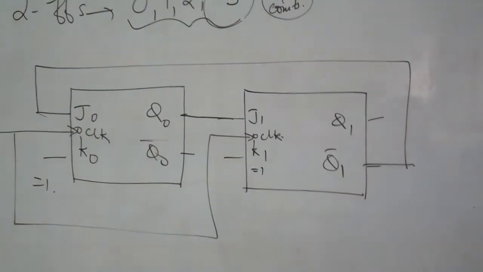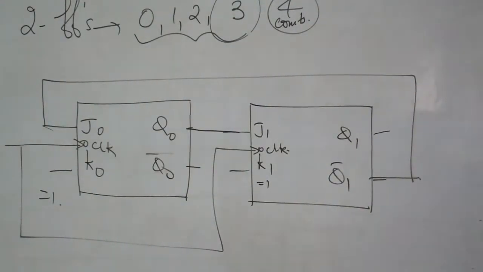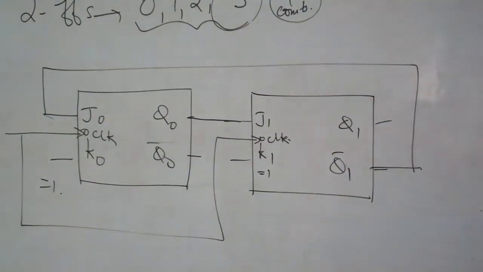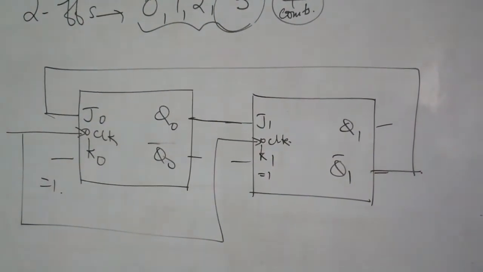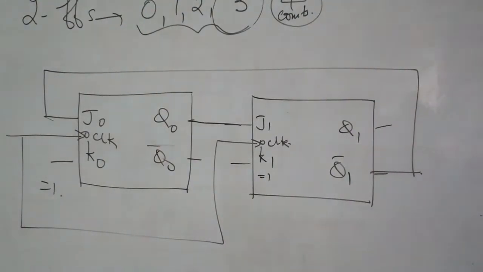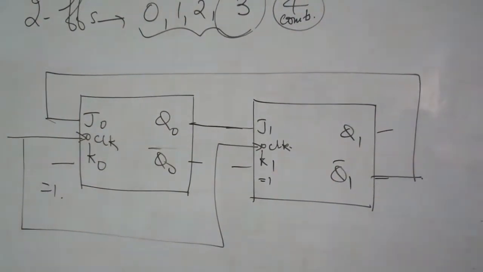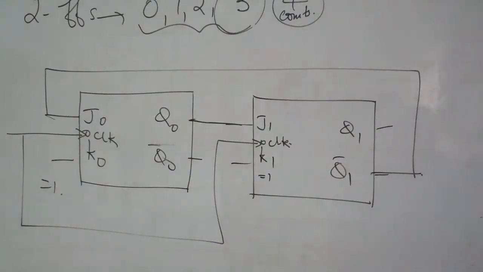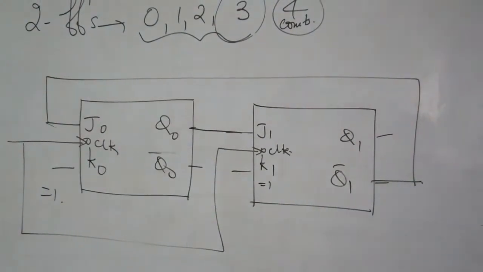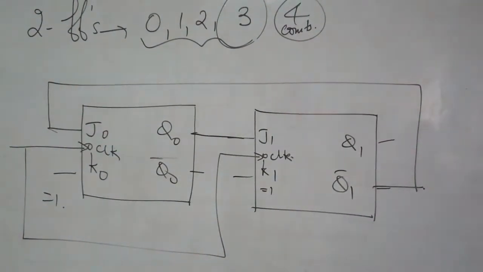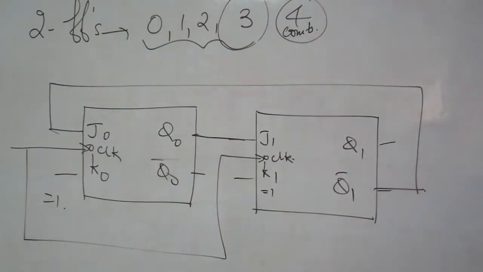One fundamental rule: when you are constructing counters like mod 3, mod 5, which cannot be expressed as 2 power n, they can be constructed either by asynchronous type, or synchronous, or a combination of synchronous and asynchronous. In some cases, some moduli cannot be expressed completely in one type. So you can have both.